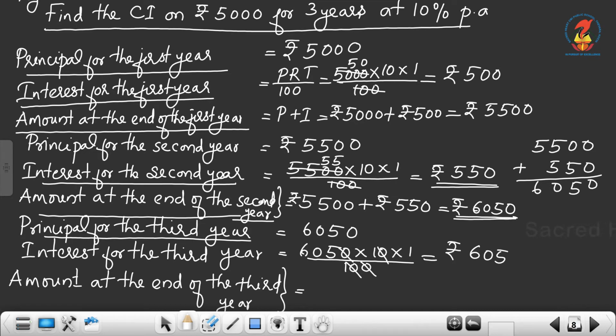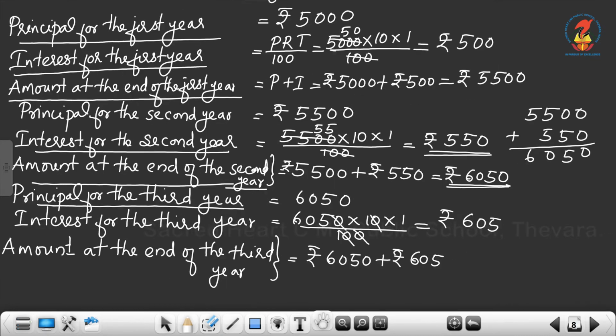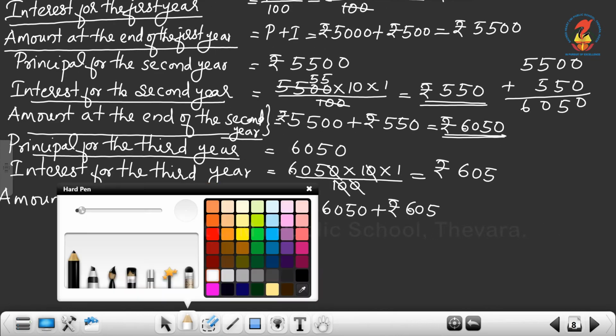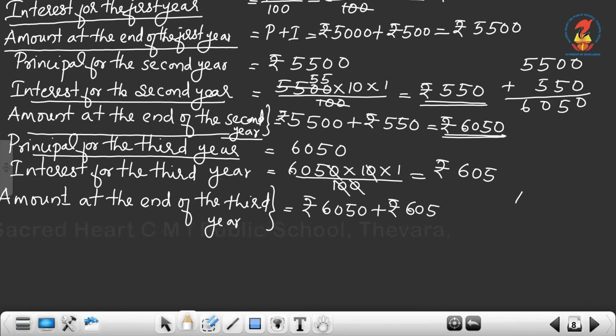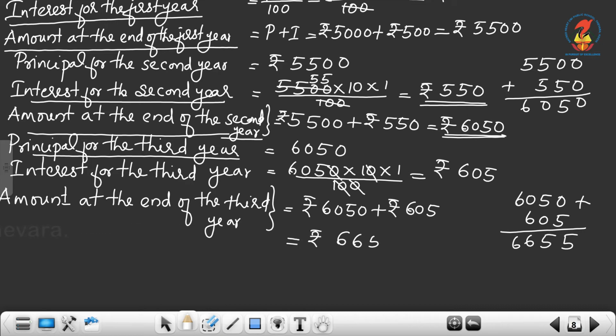So the amount at the end of the third year is the amount at the end of the second year, rupees 6,050, plus rupees 605. So we will get the amount as rupees 6,655, the amount at the end of the third year.